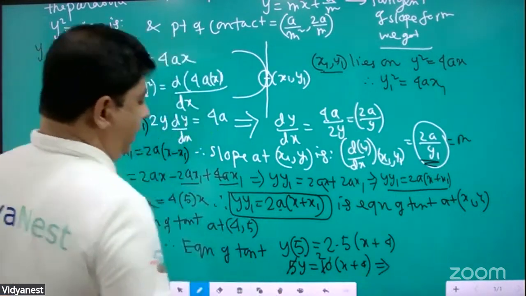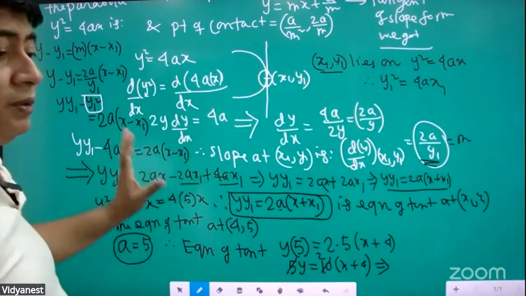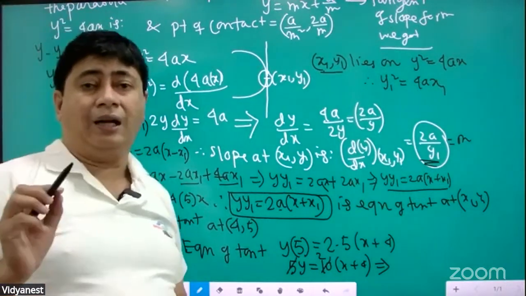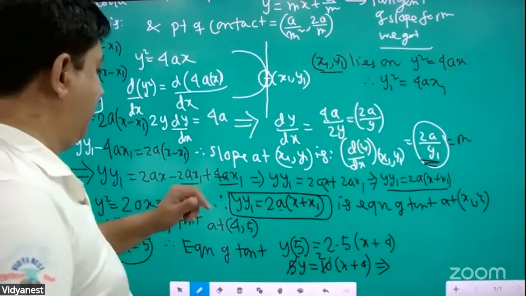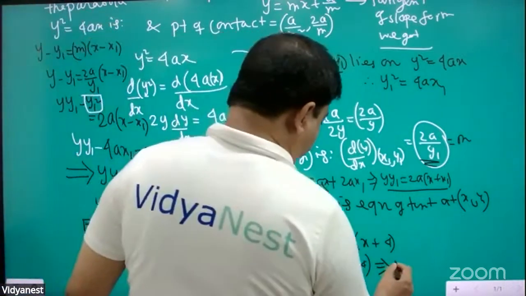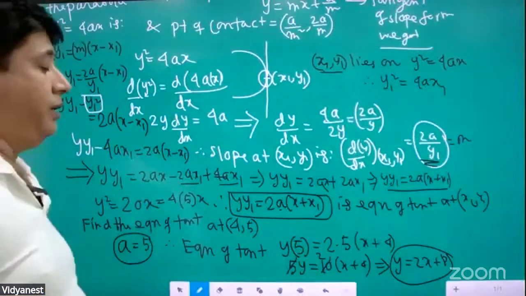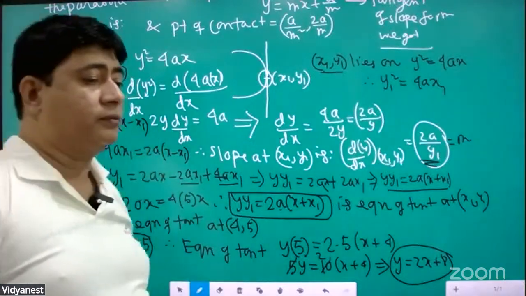So this is the way you can find the equation of a tangent at any point, say (4, 5). That is the equation of the tangent. Hope you could follow.